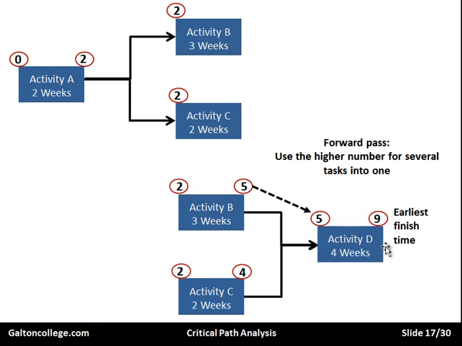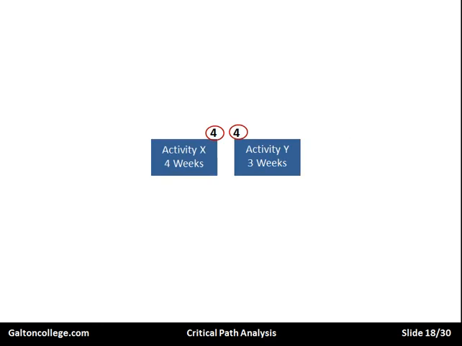So the earliest finish time will be 9. We have the 5 plus 4, which is 9. So when we have 2 feeding into 1, we carry forward the largest number. When we have 1 feeding into 2, we carry forward that number. If we had just 1 feeding into 1, we just simply carry forward the number. 4 goes to 4.